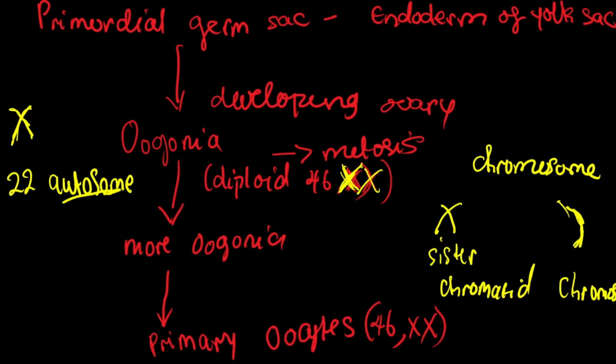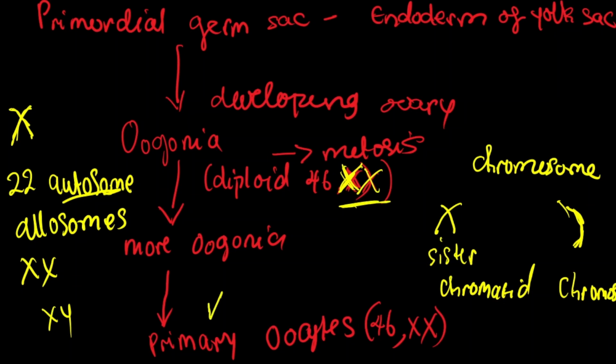And then we have a pair of allosomes, which are also sometimes called the sex chromosomes. In the female we have the XX, and in the male we have the XY. Because we are referring to a female here, the oogonia is an XX. It has an XX allosome.